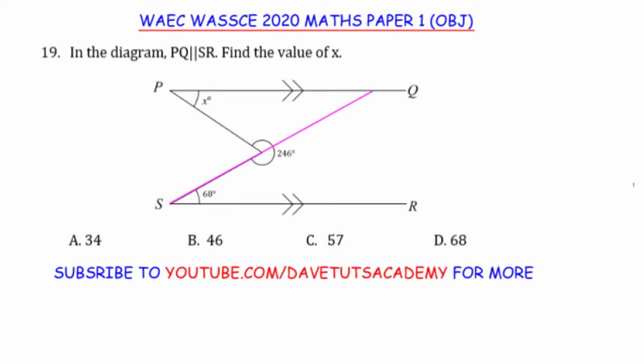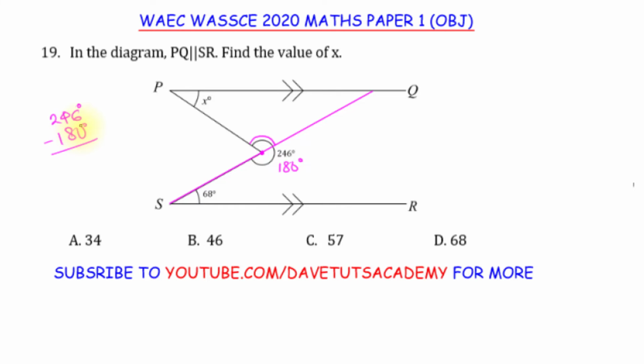So now, looking at this, I'm now having a triangle PQ to this particular point, and now on this line emanating from S to this, we know this is 180 degrees. So in that case, this angle is going to be 246 minus 180. So I can now say that's 246 degrees minus 180 degrees.